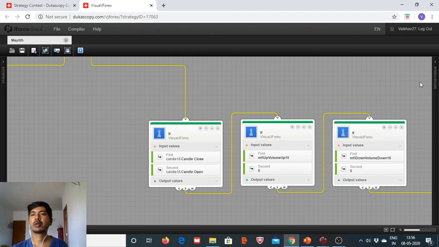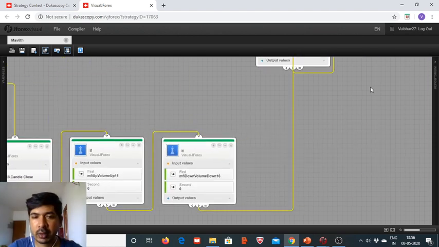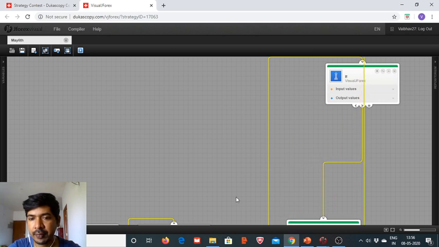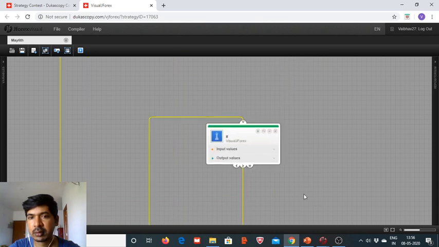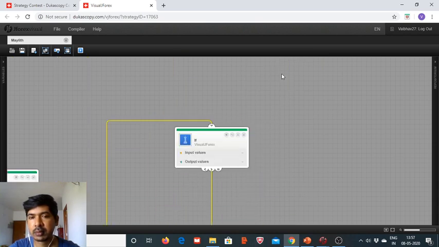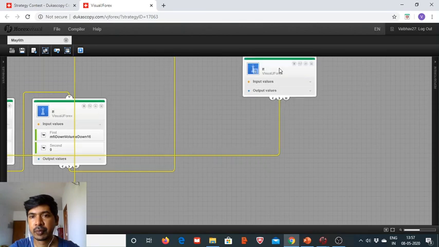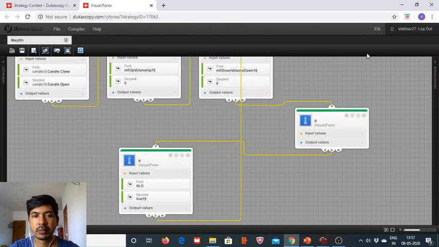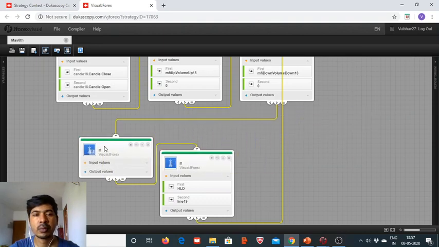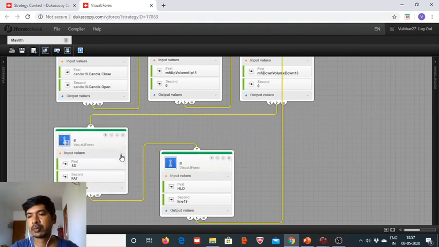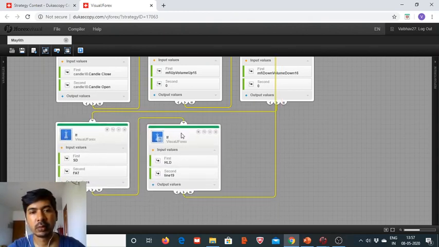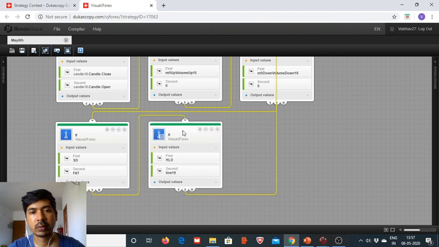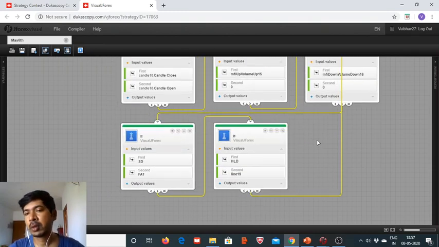So what we have done on the buy side, only the inverse of it should be true for the sell side. So almost we are done.